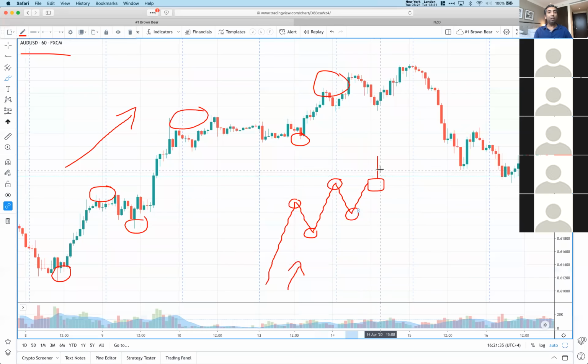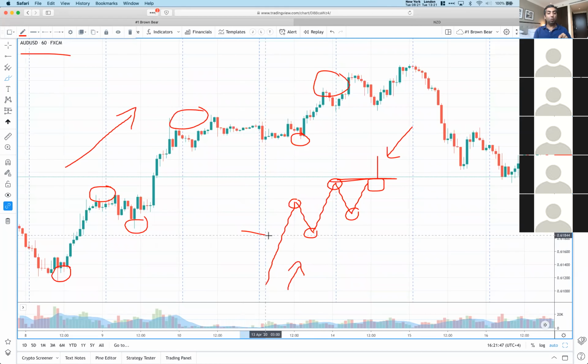And then for the very first time, we were unable to make a higher high, and that exhaustion candle shows up. So not only do we know the momentum, each subsequent move up is slowing down, but we also see our trend is now at risk. It is coming into trouble.